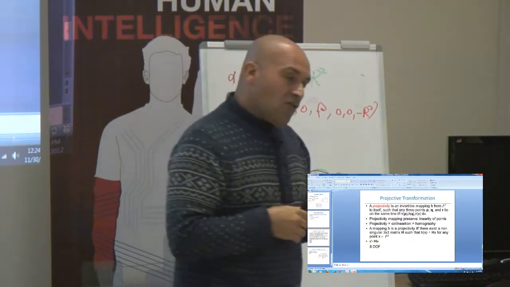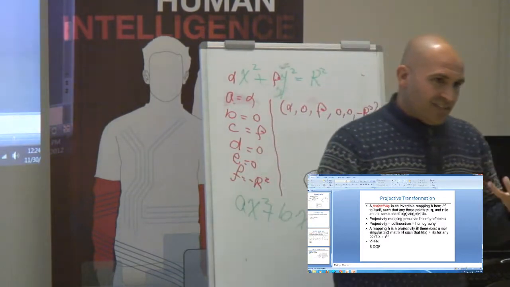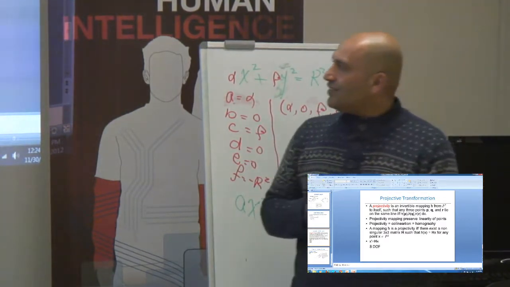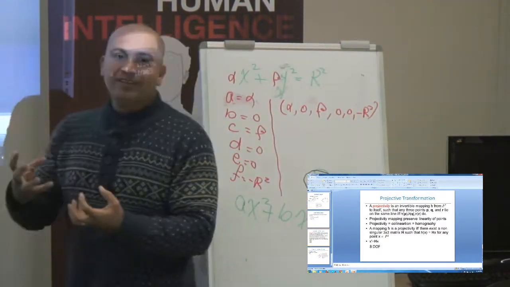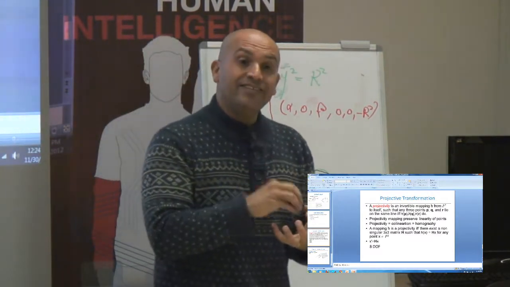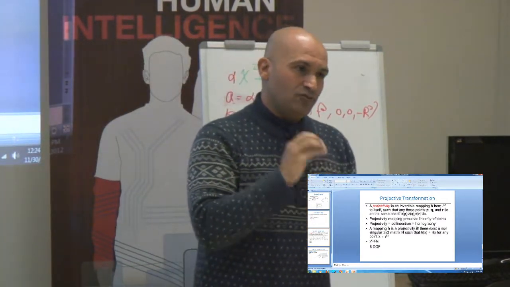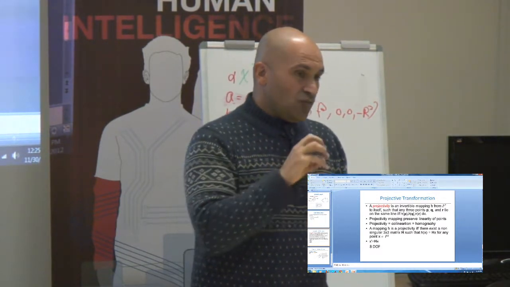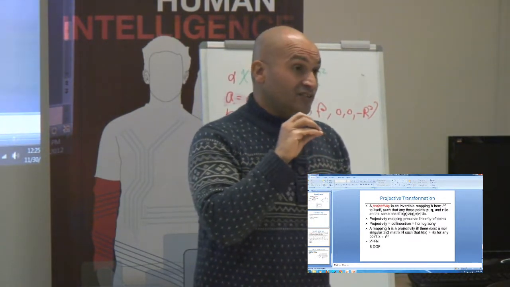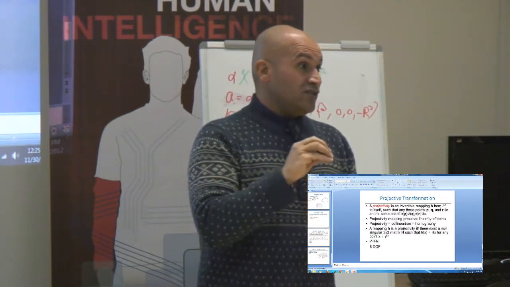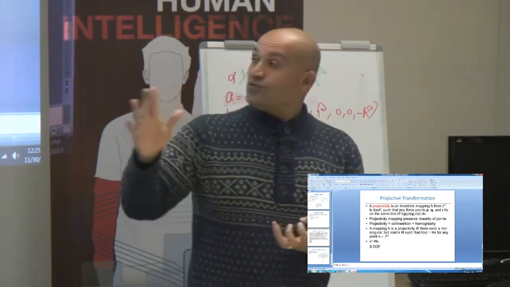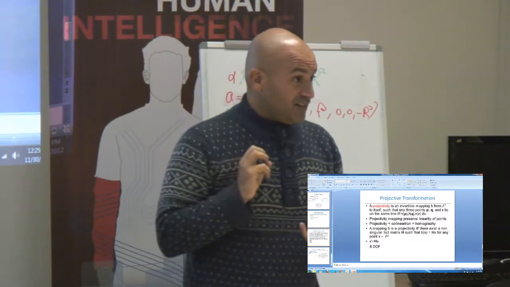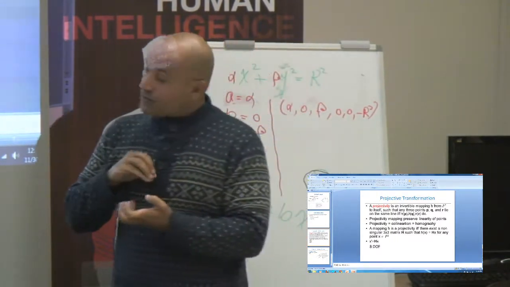Now, how do we determine that a mapping is a projectivity? I said earlier that not every mapping in the projective space is a projectivity. A projectivity is a transformation which should preserve linearity. And there is a very simple theorem.